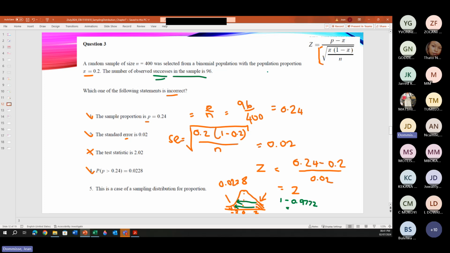So it's basically the number of successes divided by the sample size. So that is the 96 divided by the 400. If the question was the number of not successes, if there is even such a word, then it would have been the rest of that.